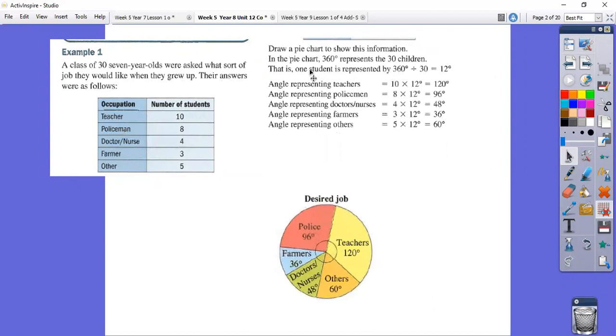So the way we did it here, add up the frequency. Then 360 divided by the total, times the frequency, gives the angles needed. You could have done it the way we've done it in that lesson. You choose the method that you're most comfortable with.